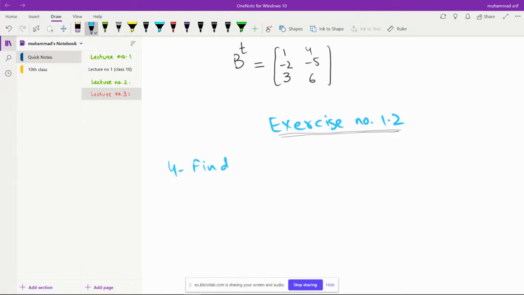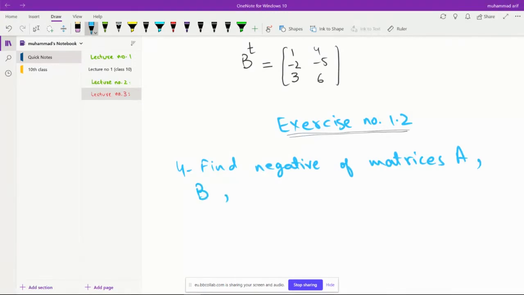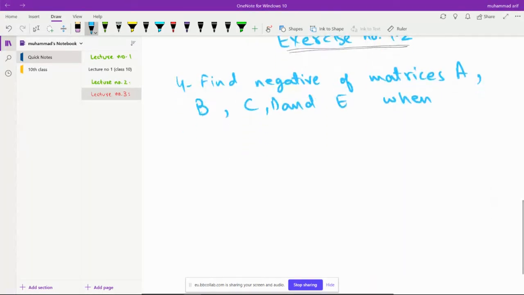Question number 4 is find negative of matrices A, B, C, D and E when matrix A is equal to 1, 0, minus 1.